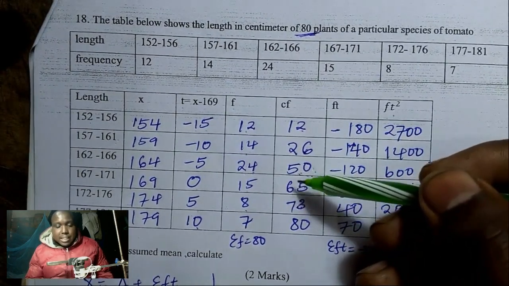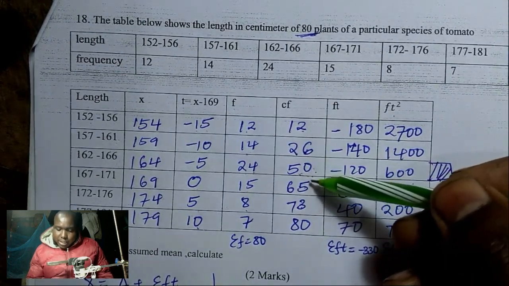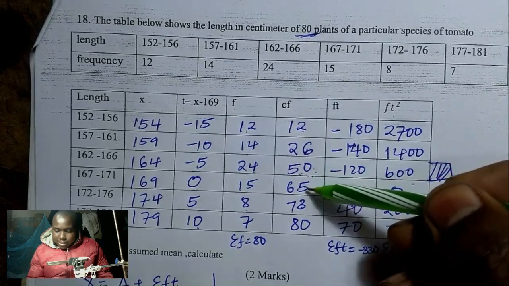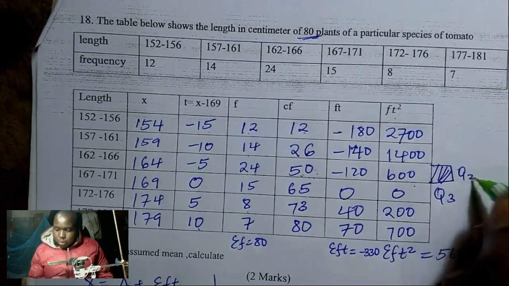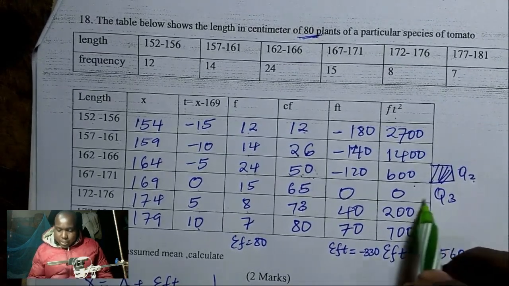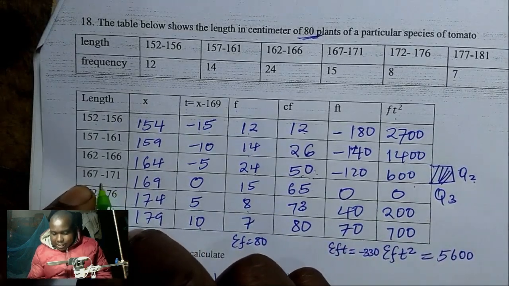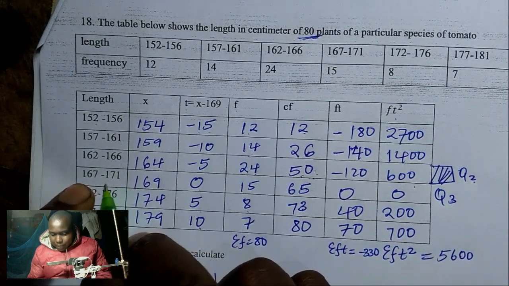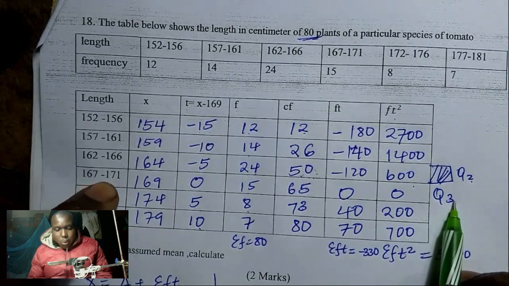You can see we don't have 60, but 60 lies between 50 and 65. So it is in this class. So this is Q3. This was Q2, the median. So Q3 is found in this class. The quantile class is 169 to 171.